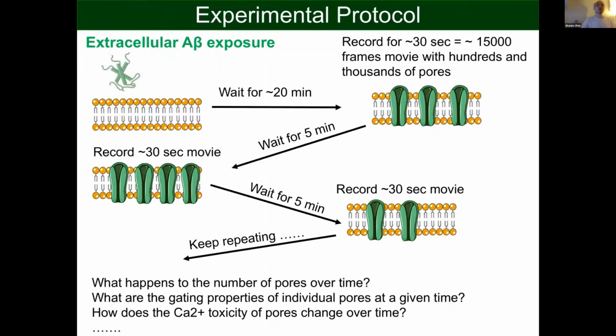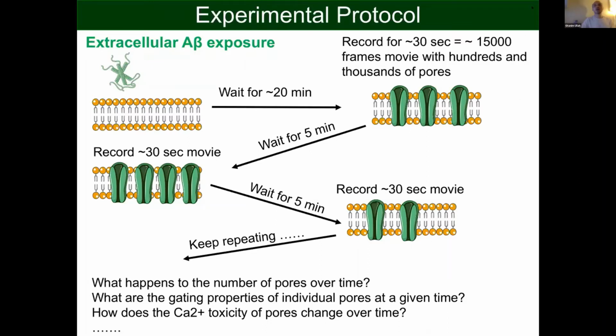So first, to give you the experimental, modeling and image processing challenge here. When Angelo applies amyloid beta extracellularly, he waits. This is our experimental protocol. He waits for 20 minutes and then starts imaging, because it takes the proteins about 20 minutes to insert themselves into the membrane and make these pores.